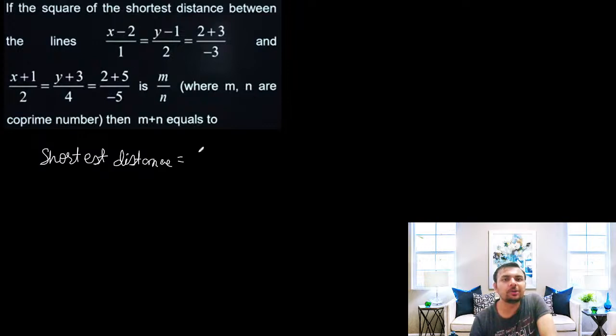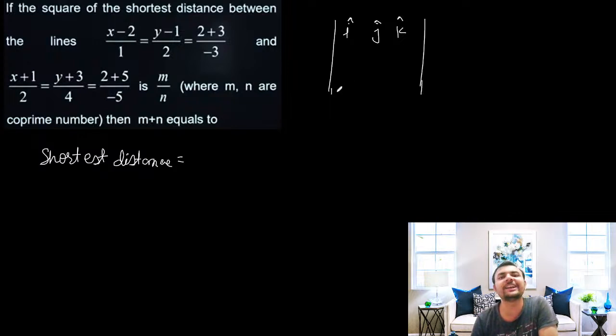Okay, so yesterday also this question came in one of the shifts. So this is i cap, j cap, k cap. Today's paper was a bit lengthy. It is comparatively tougher than yesterday.